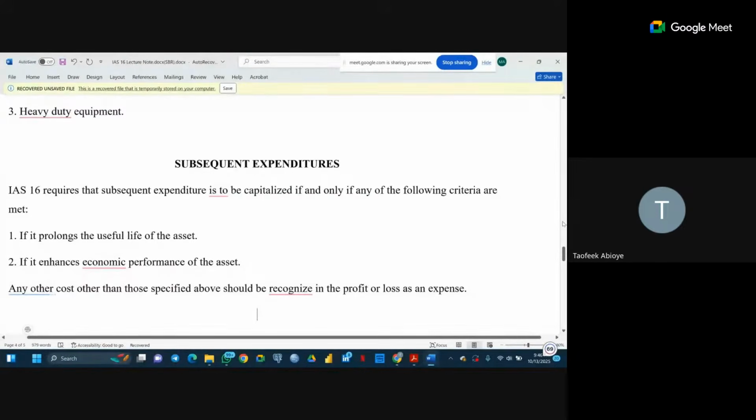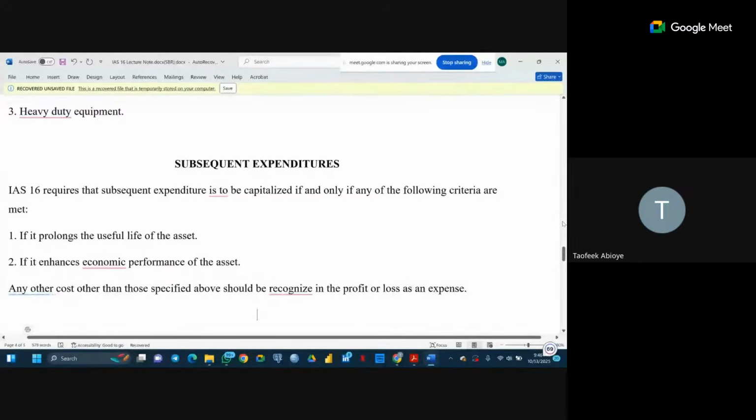So far as the work being done for us to incur that particular cost is going to increase the useful life of the asset, then we can capitalize that cost. Another reason is if it enhances the economic performance of the asset.